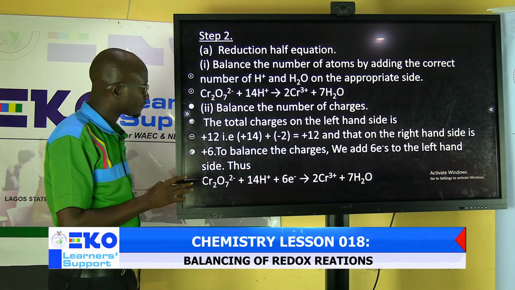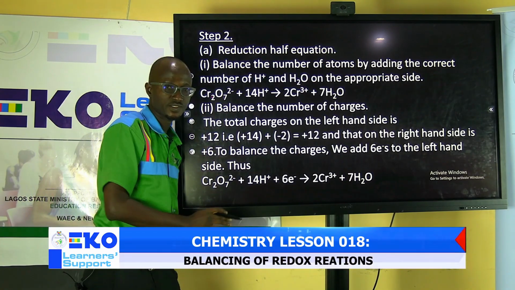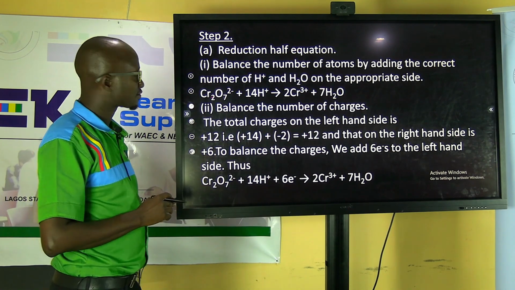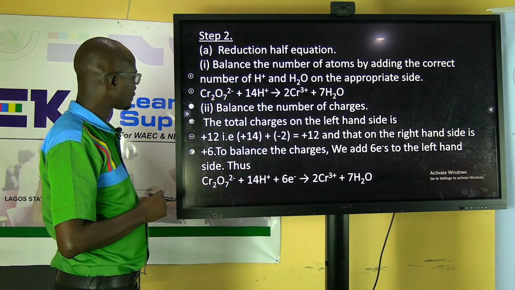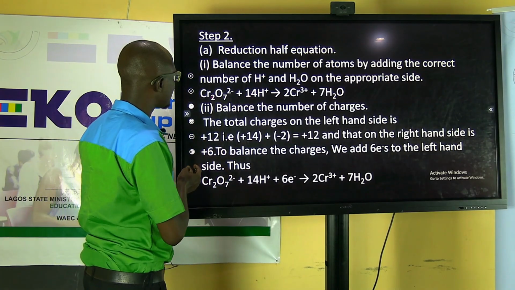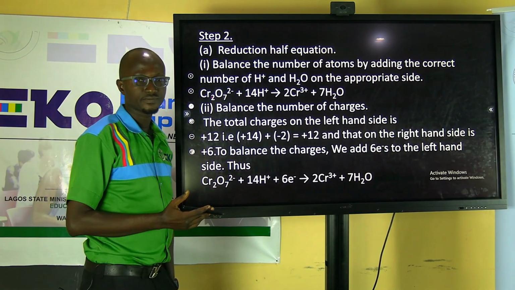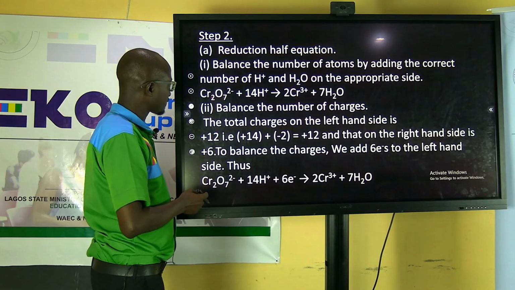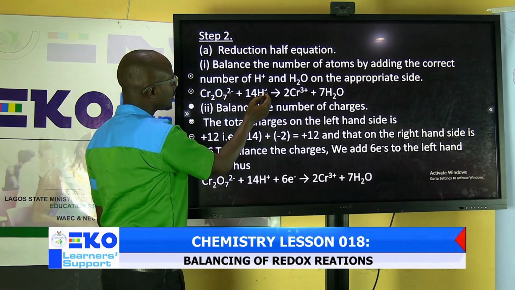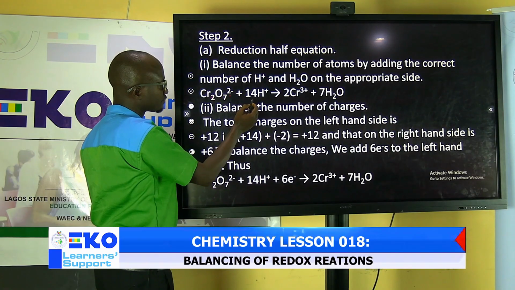So the next for us to balance is charge-wise. How do we balance this charge-wise? Please, relax and see what I will do. To balance charge-wise, we'll just simply calculate the charges on the right side and the charges on the left side. If you look at it very well, this is -2 and this is +14.